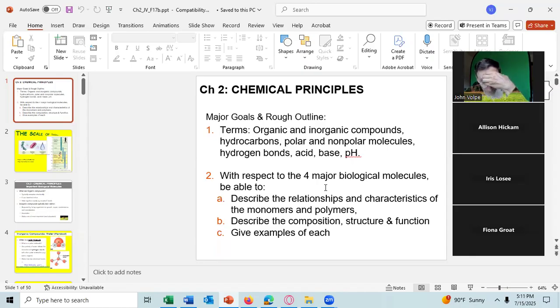And the fourth biological molecule, which you don't find in anything you buy, are nucleic acids. Describe the composition, structure, and function of these four biological molecules, and then be able to give examples of each. Any questions about what we're going to cover?